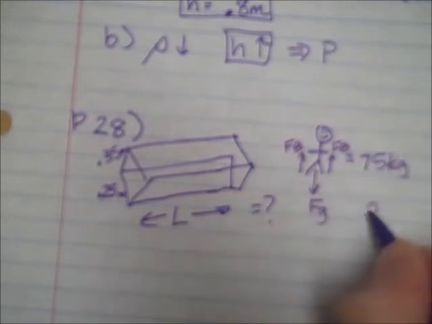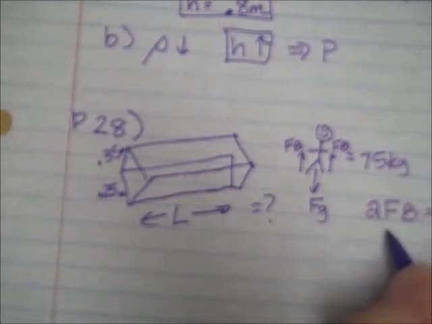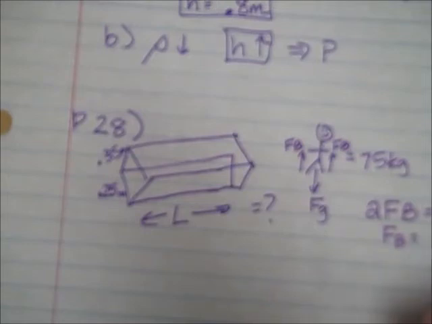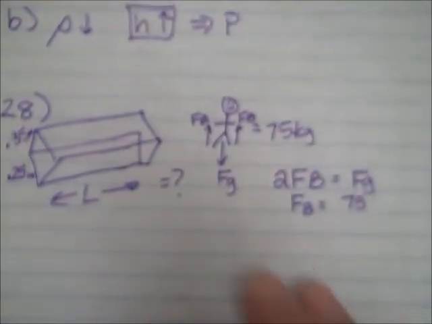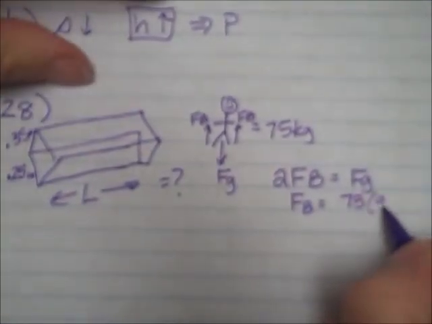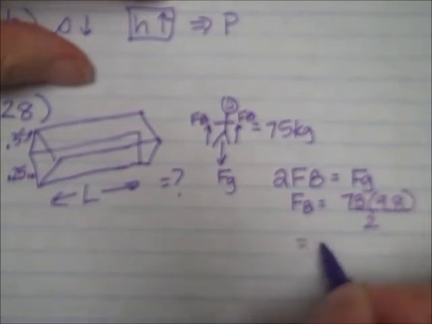And the idea is that 2 times the buoyant force would have to equal the force of gravity. So the buoyant force would be the force of gravity, which would be 75 times 9.8, then you have to divide by 2.